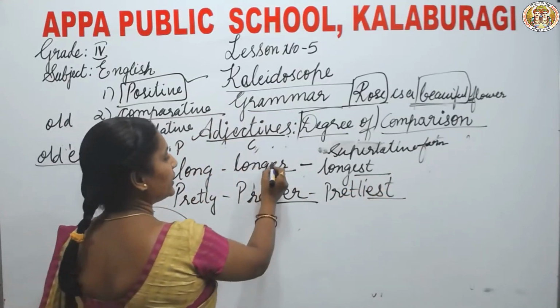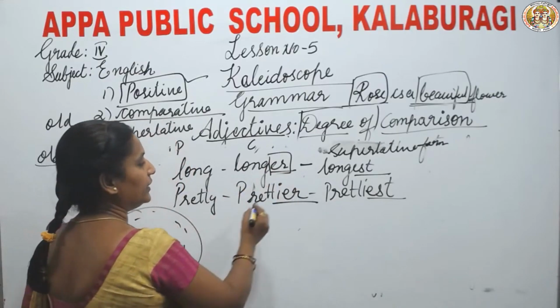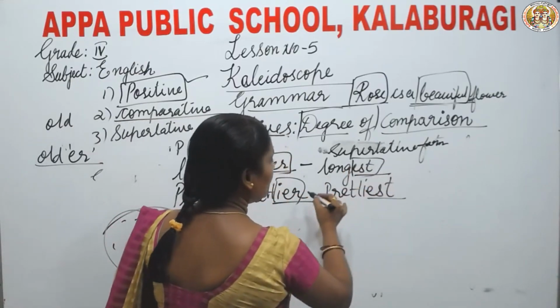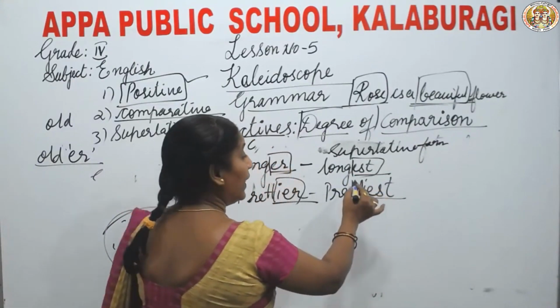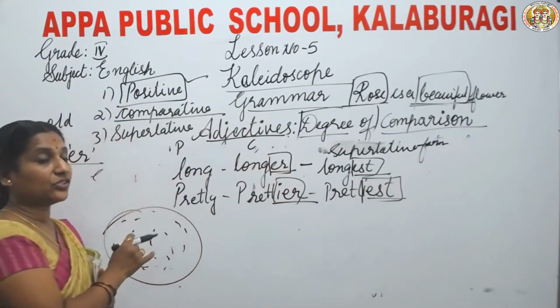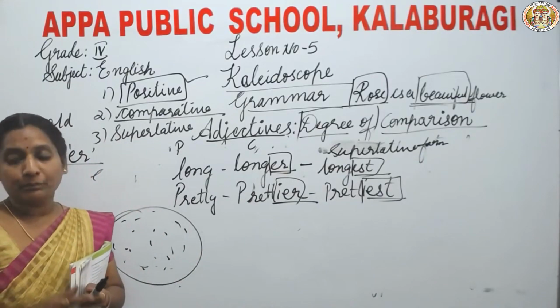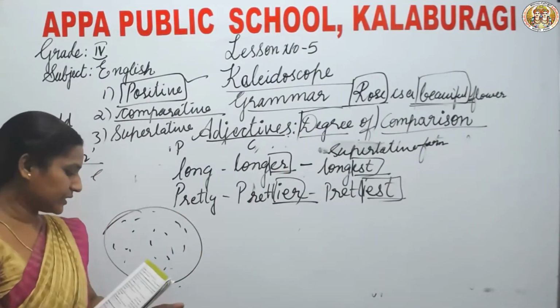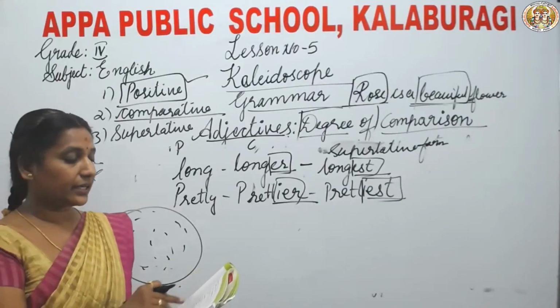The difference over here is that here you are adding er, here you are adding ier, here you are adding est, and here you are adding iest. So this way. Now how to use them in sentences? Here it is given, you see. Now one more thing is there.